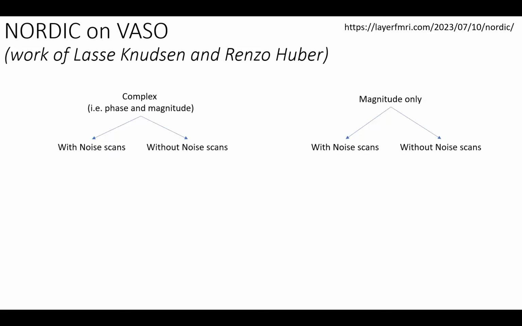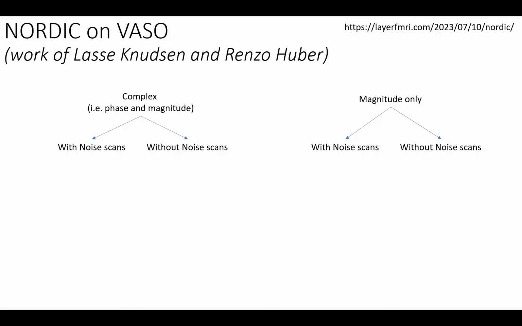Or we can use it without noise scans, where then the thermal noise level is just the theoretical noise level of 1 over square root of 2, which is equal to 0.707. So this is a 2x2 design, and Renzo and Lasse had to really figure out how to best implement Nordic on VASO data.